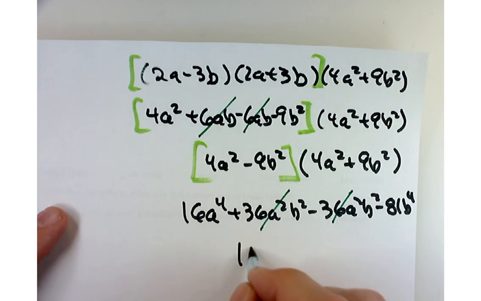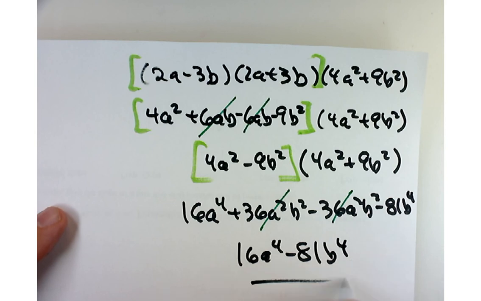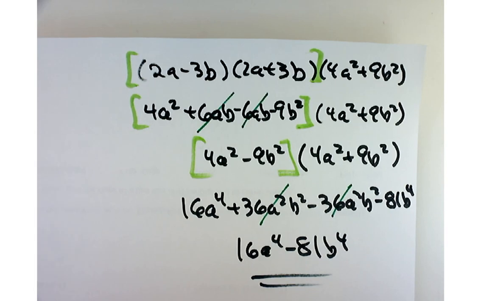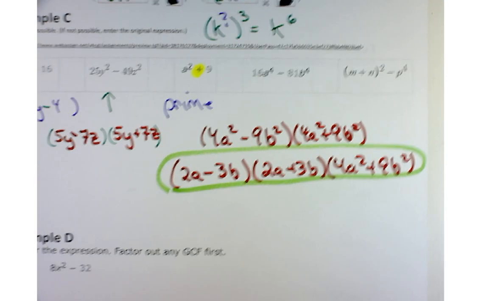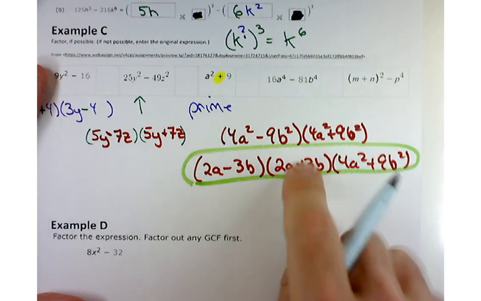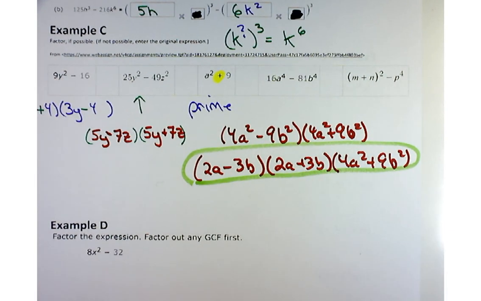What's left? 16 a to the 4th minus 81 b to the 4th. So, wow, it worked. Great question. I've seldom been asked that one. Anything else on this one? I think we proved that we got it right, so that's a good thing.